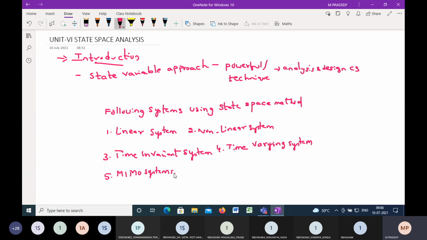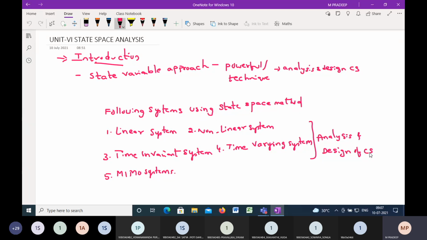At the time of classification, we are going to see what the different types of systems are, classified with respect to different regions. These are the systems we are going to use for performing the analysis, as well as the design of your control system, by using the state space method.